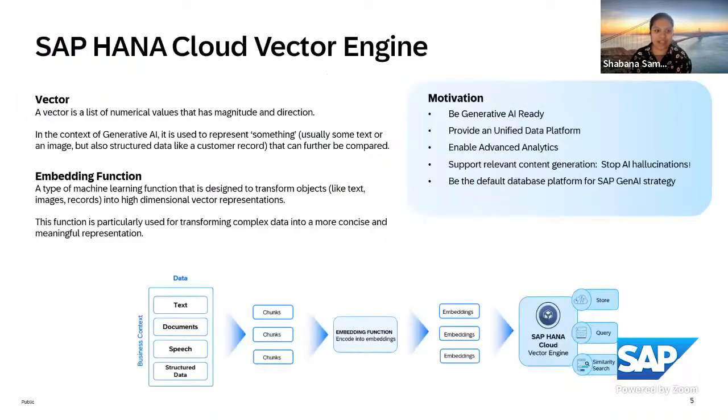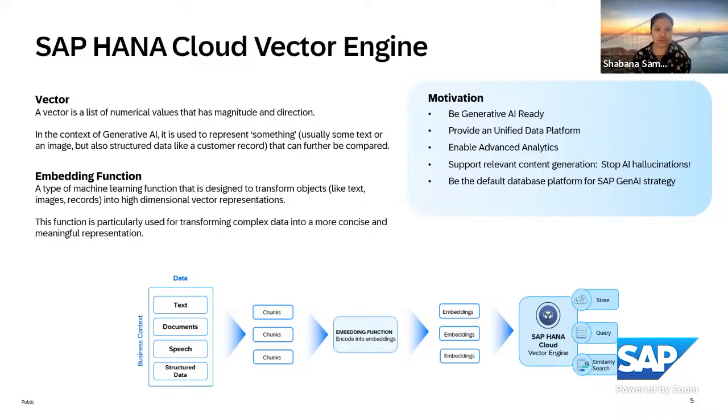So to start with, an introduction to just vectors and embedding functions. In the artificial intelligence area, vectors are number lists that represent things like objects or text. Large language models, LLMs, as we call them in short, understand these lists to make sense of your data. So they can be used to represent text, images, or even customer records, which will be further compared for similarity.